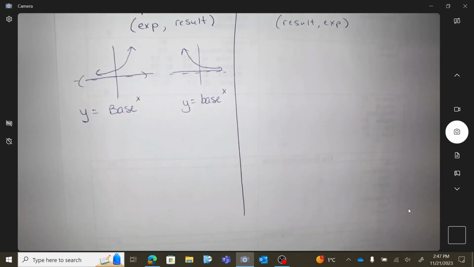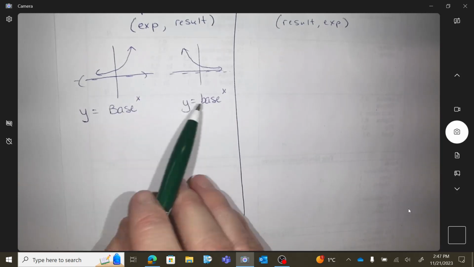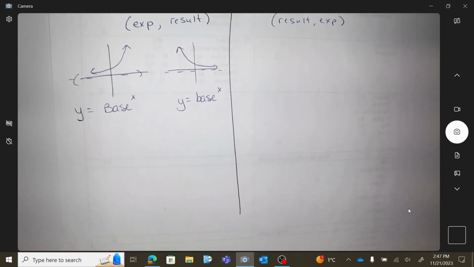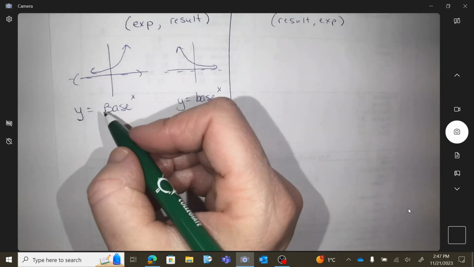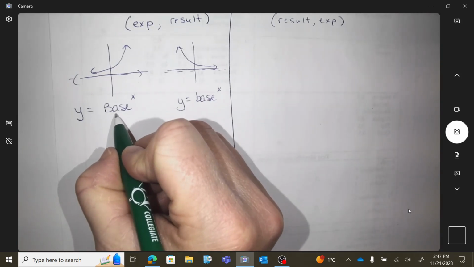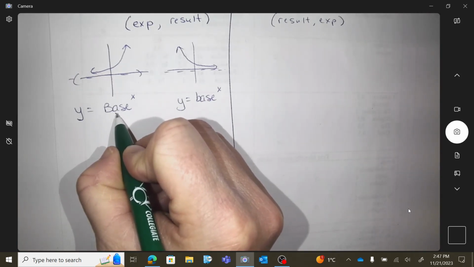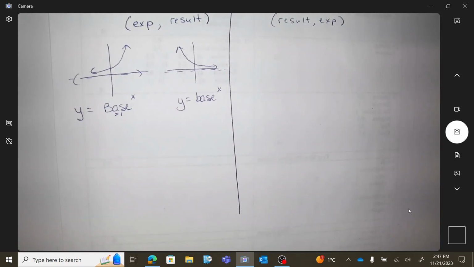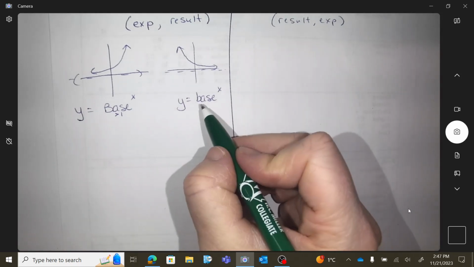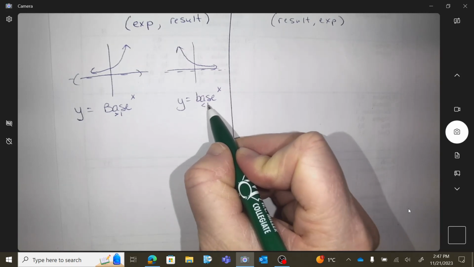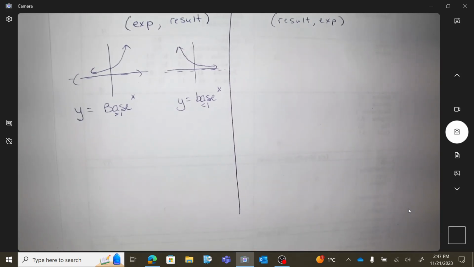Why do those look different? What's different about them? What has to happen in the equations that make these different? If the base is more than 1, it grows. And here, if the base is less than 1, it's decreasing.